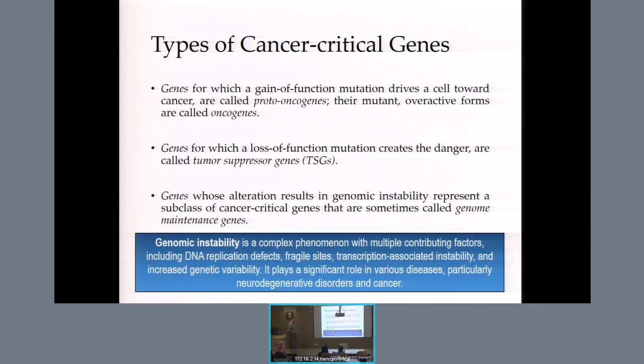It plays a significant role in various diseases, particularly neurodegenerative disorders and cancer. Genomic instability is a chaotic situation. Like in a country, let's say, a civil war has started and the whole thing has been destroyed. So that's how we take this genomic instability, that something happened that disturbed the functioning of a normal genome.